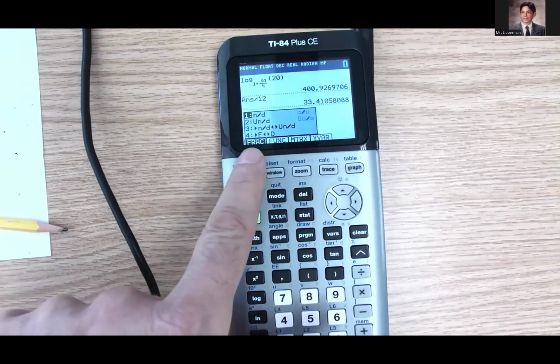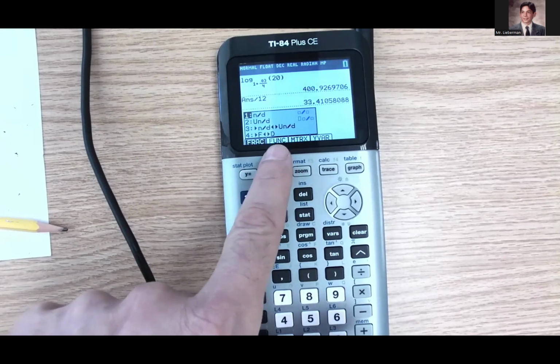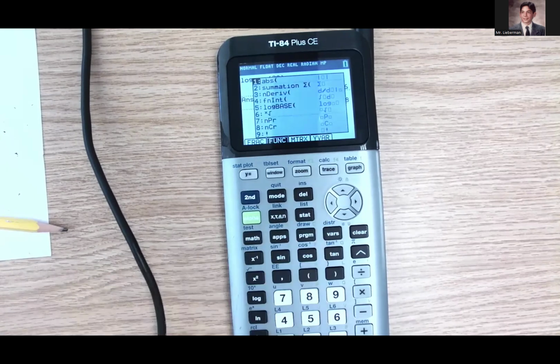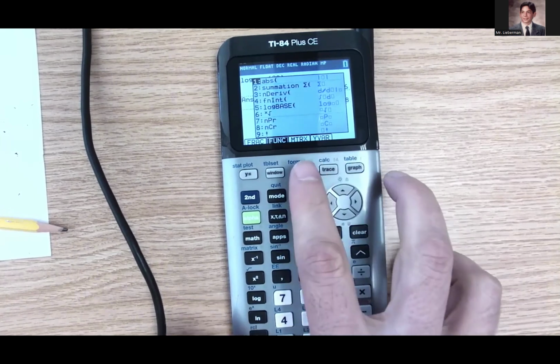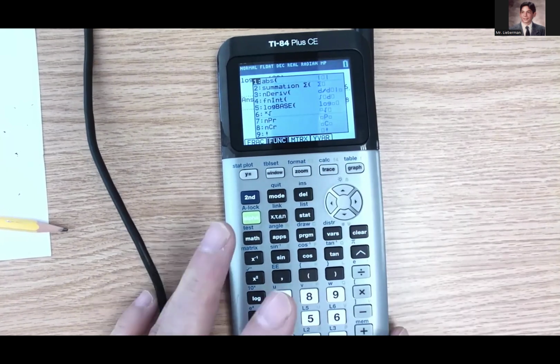So it's not under the fractions. I want to access the function. I hit this one, and you see you have a bunch of stuff right there. Does your calculator have that functionality? You probably won't use matrix unless you take linear algebra.